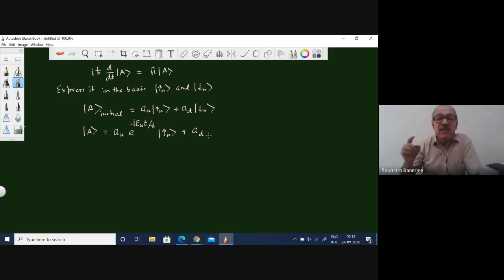You notice that we are doing exactly what you did in your assignment. e to the power minus i E_down t by h cross, and this is down. This is how the state vector evolves with time.